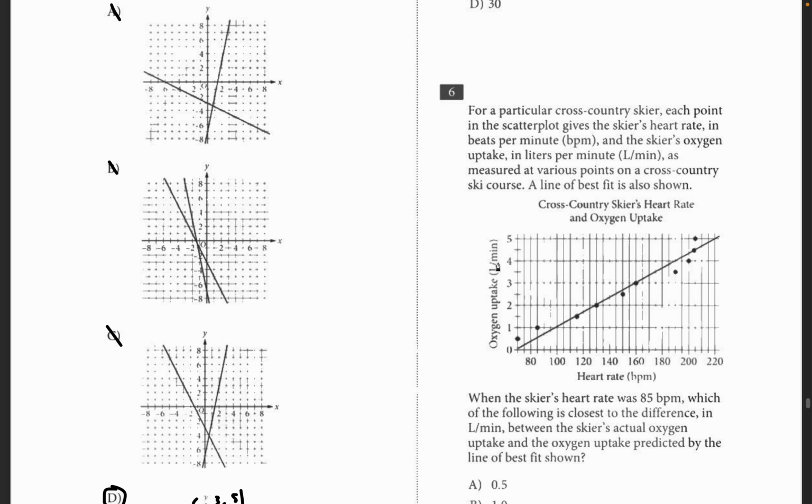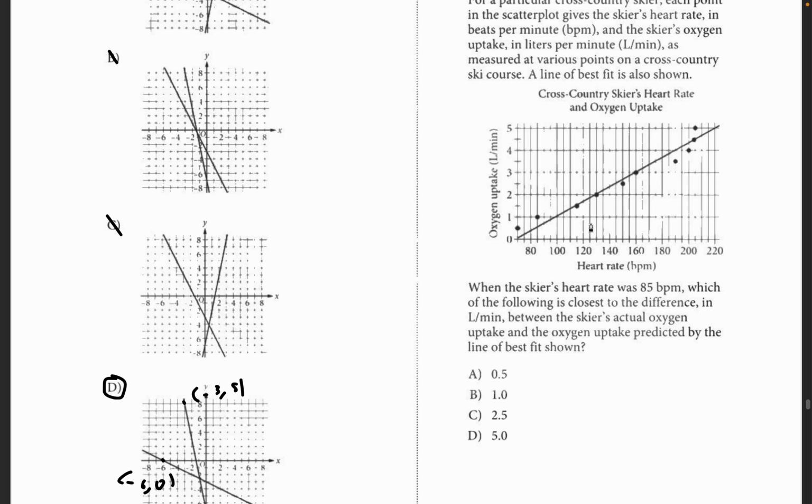For a particular skier, each point represents a heart rate. When the skier's heart rate was 85, which of the following is closest to the difference in liters per minute between the skier's actual values? So what is the difference?